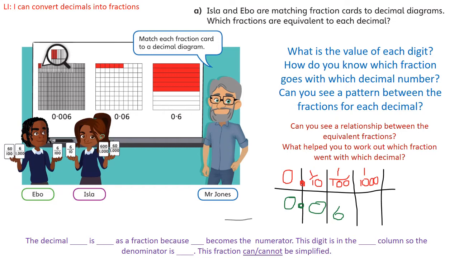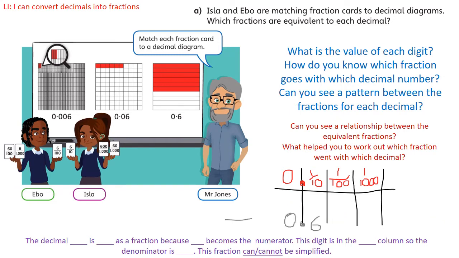So this time we've got 0.06. So again, what is the 6 worth in this question? It's worth 6 hundredths. So how do we write that as a fraction? Well, the 6 becomes the numerator and the hundredth becomes the denominator.